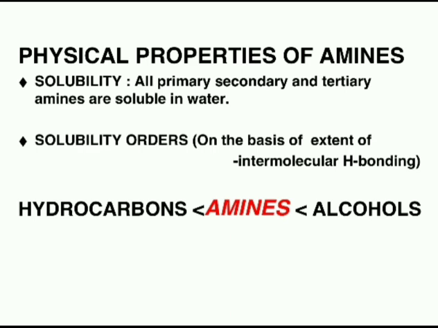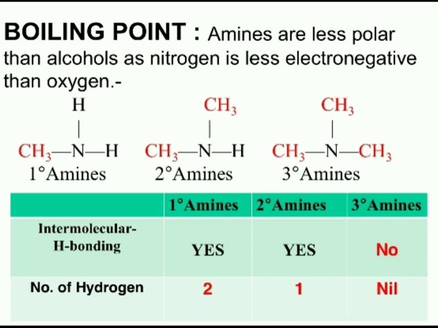It totally depends upon the strength of intermolecular forces that is present between the amine molecules. Here we can see that intermolecular hydrogen bonding is predominantly present in primary amines because of the availability of the two free hydrogens that can coordinate with the nitrogen of the second molecule of the amine.